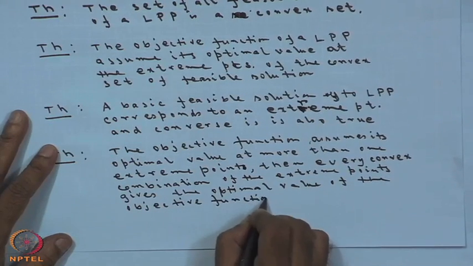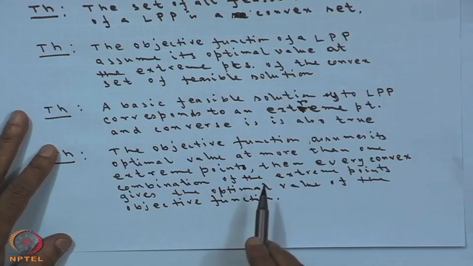So, if you see from here, now we are telling by this theorem, the objective function assumes its optimal value at more than one point, then you take any convex combination of these 2 points, then you are getting a set of points. At each point also you will obtain the optimal value.